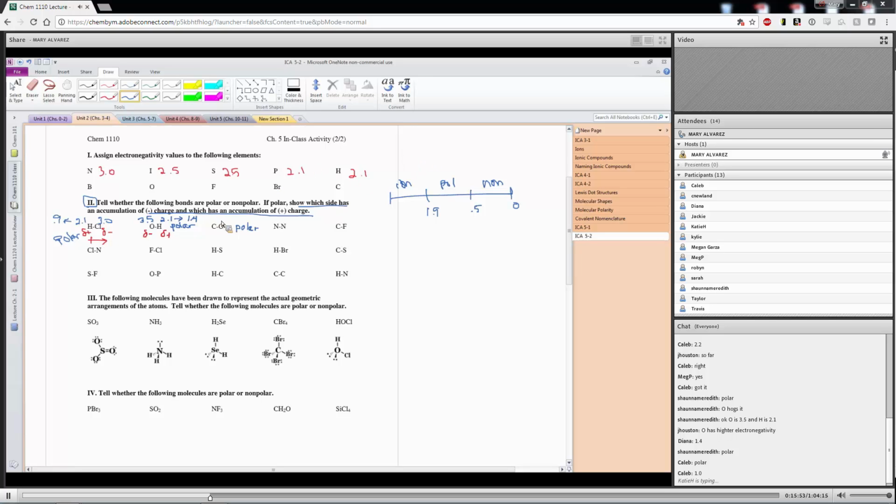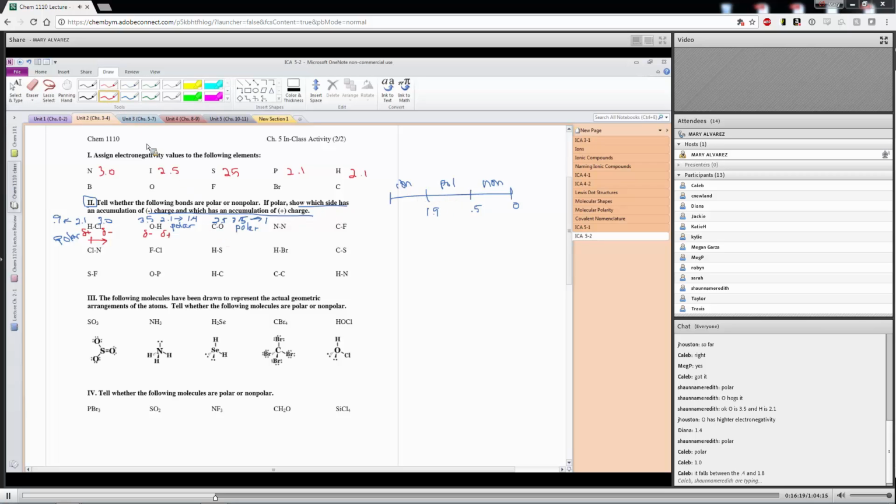I think that's what Caleb meant when he said 1, because carbon is 2.5 and oxygen is 3.5. The difference is 1. That's right. And 1 falls between these two differences, and so this is polar.